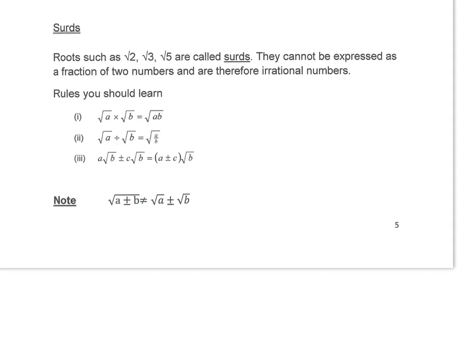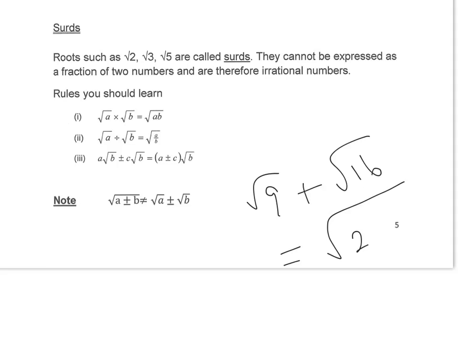For example, the square root of 9 plus the square root of 16 is not equal to the square root of 25. Root 9 being 3, root 16 being 4, adding together gives us 7, whereas the square root of 25 is 5. So please do remember that they are not equal.